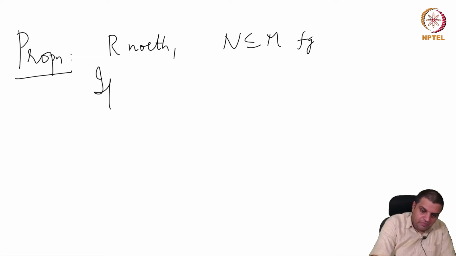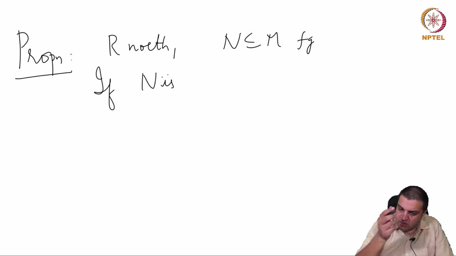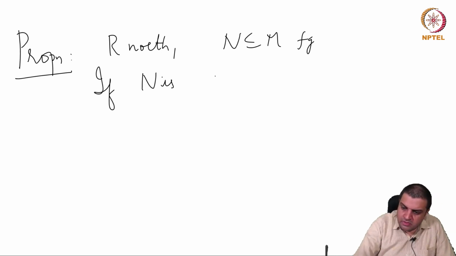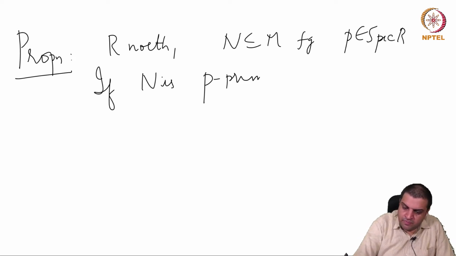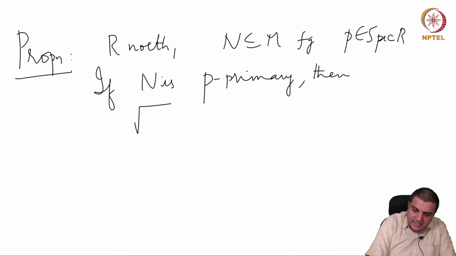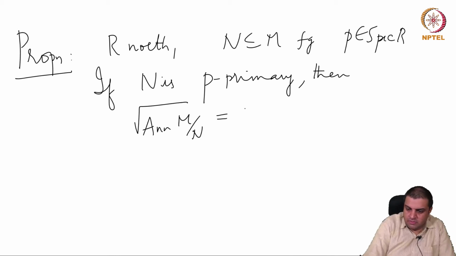If N is P-primary, where P is a prime ideal, then the annihilator of the radical is P. This we saw earlier.